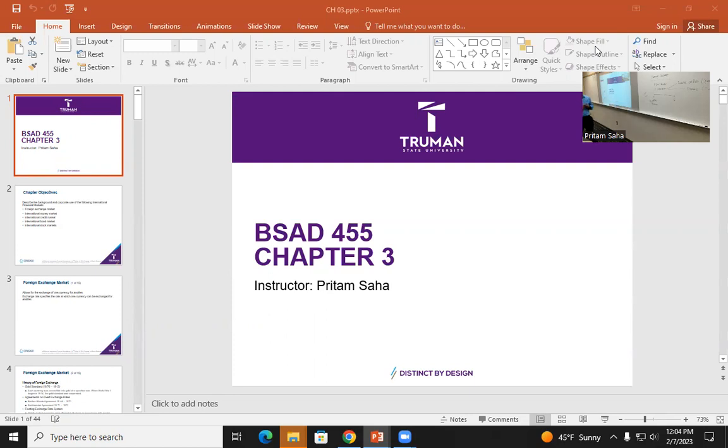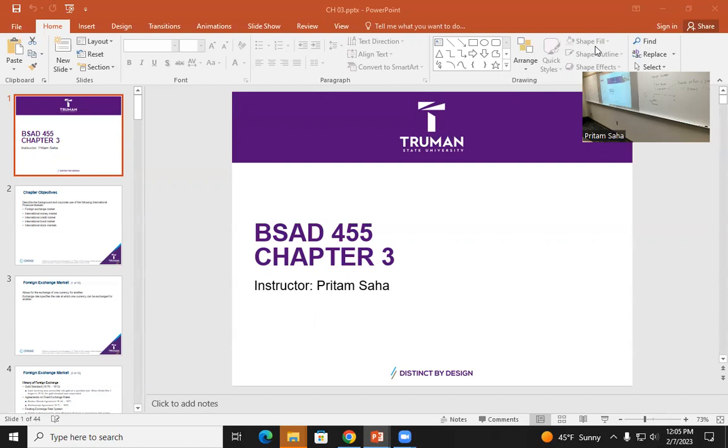Derivative contracts come in many different types. Broadly, there are contracts and options. Contracts could be forward and future. Options would be call and put.